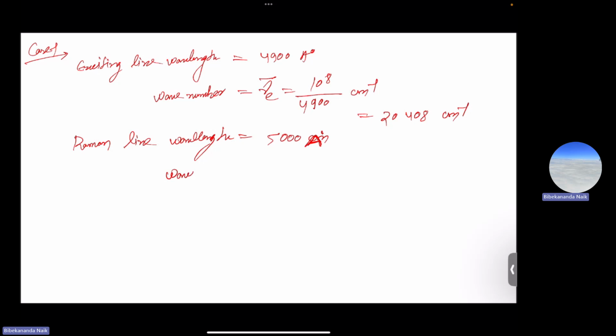So wave number will be 10 to the power 8 divided by 5000, that is 20000 centimeter inverse.